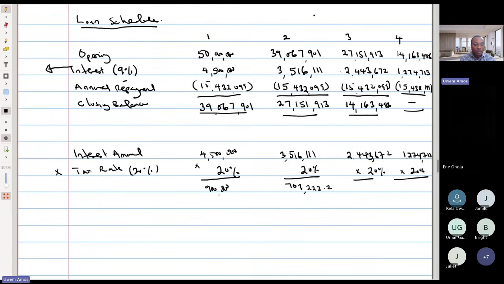The next one, 2,443,672 multiplied by 0.2 is 488,734. I'm taking out the decimal points; I don't want to work with that. Then 1,274,713 multiplied by 0.2.